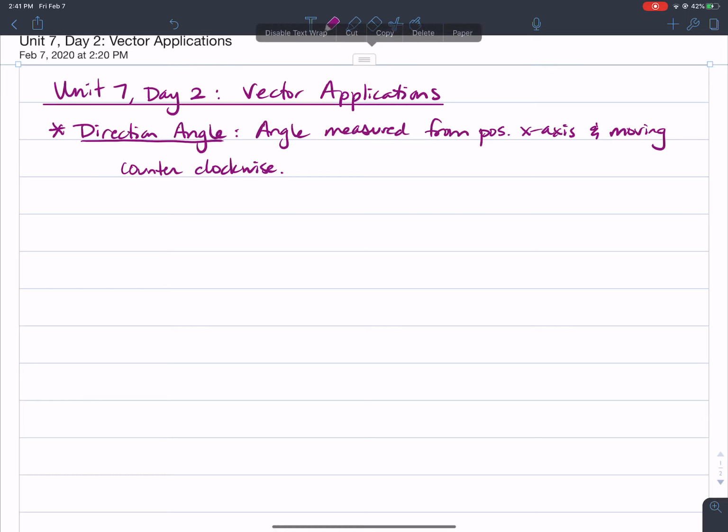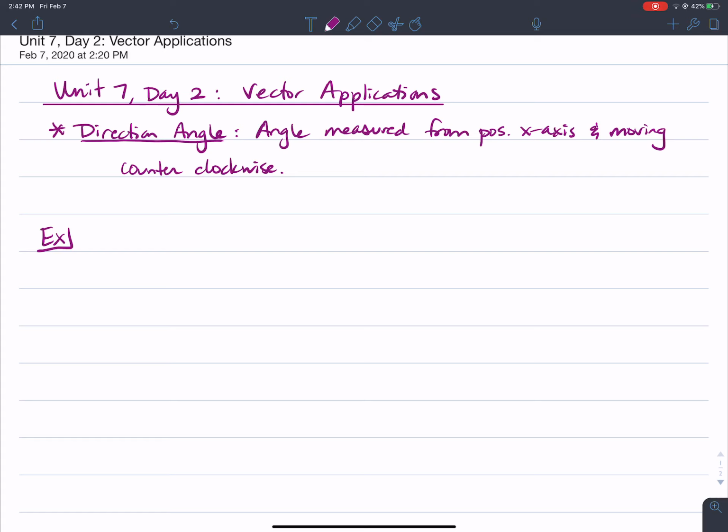All right, so an example is going to be the opposite of what we did at the end of class last time. During class last time, we were working with x components and y components and then finding what vector v was, finding its magnitude and finding the angle.